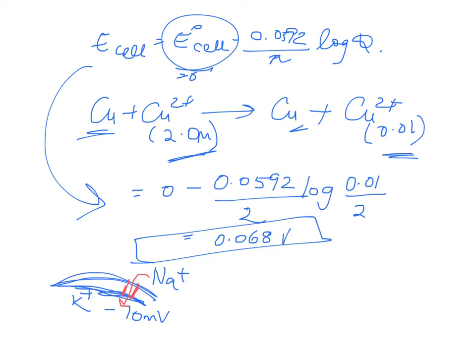As that happens, the potential temporarily rises, changing from negative 70 to about positive 30 millivolts. This is a concentration gradient which has changed, because of which the E cell has changed as well.